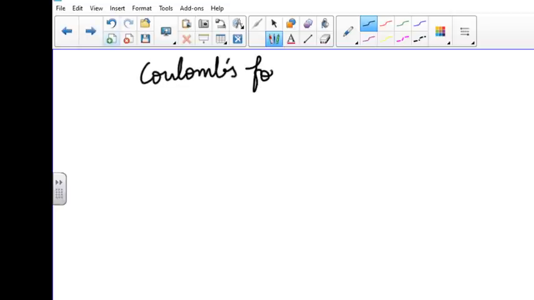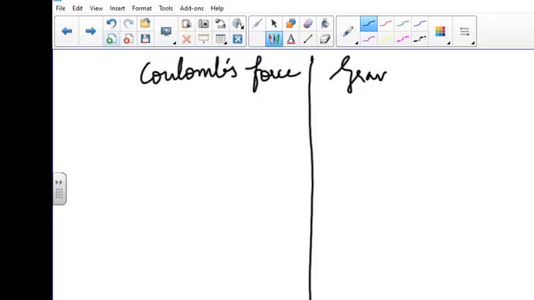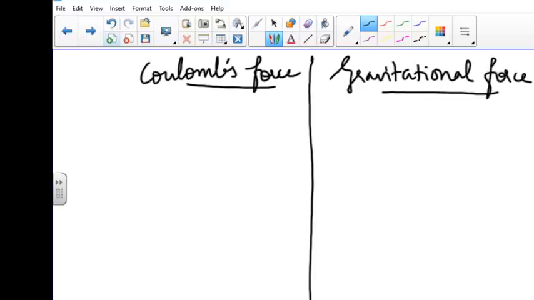Coulomb's force and gravitational force. You need not write the laws as a first point. Other points are there. You can mention those points under this differentiation.